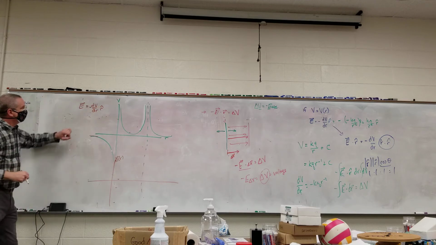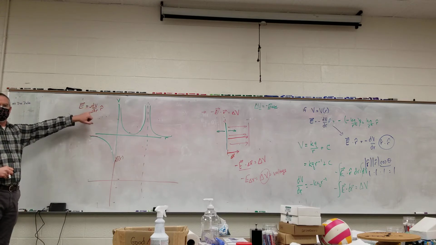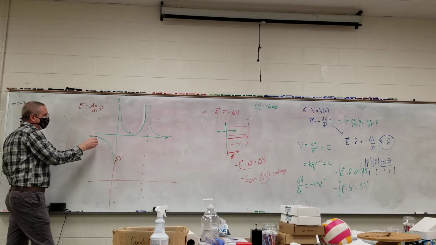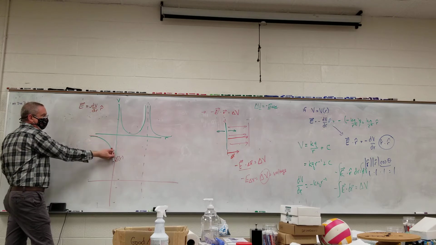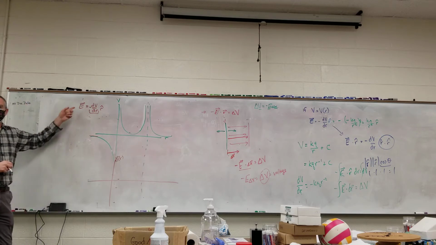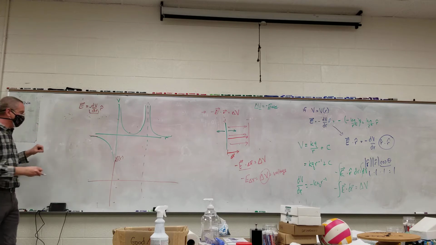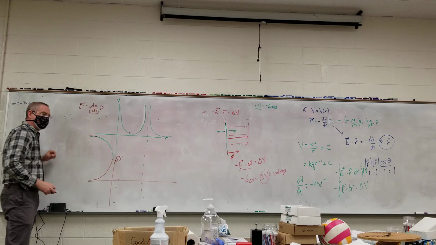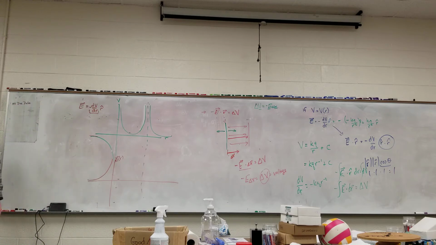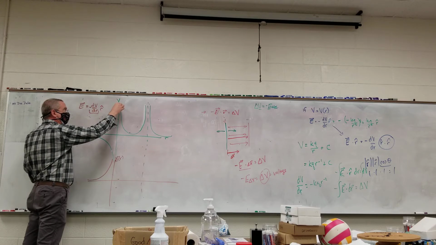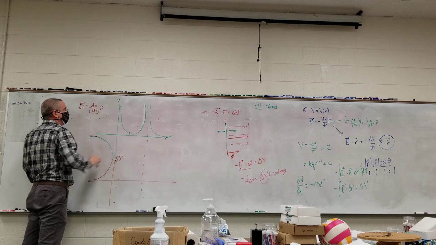So this is the slope of my potential versus R graph. My slope here gets more and more negative, but the minus sign in front makes it more and more positive. And so my electric field graph is going to look something like that. In this region my slope is still negative. It starts out incredibly negative and becomes less and less so.